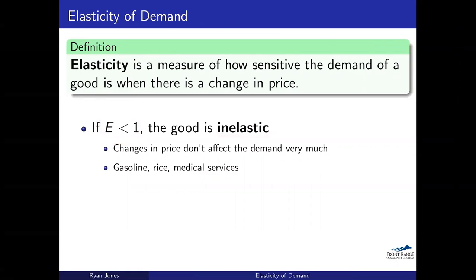So whatever good we're talking about, that good is inelastic. And what that means, when you get this E less than 1, is you're getting something like a fraction, like 3 over 4 or 1 over 2 or 2/3, just anything that looks like that, where the denominator is larger than the numerator.